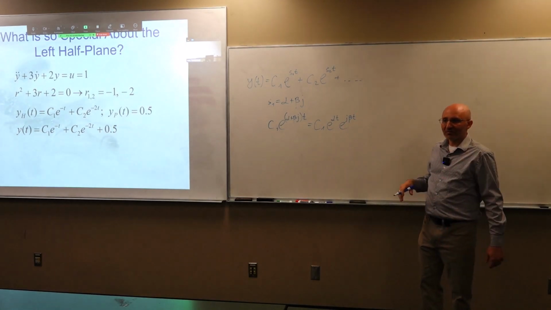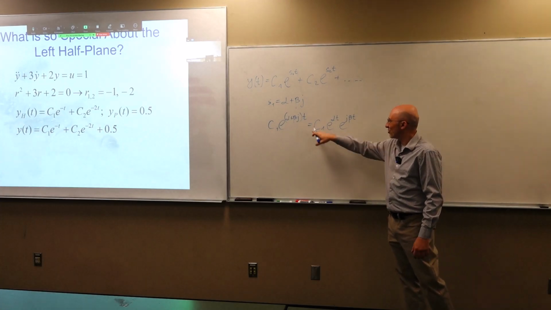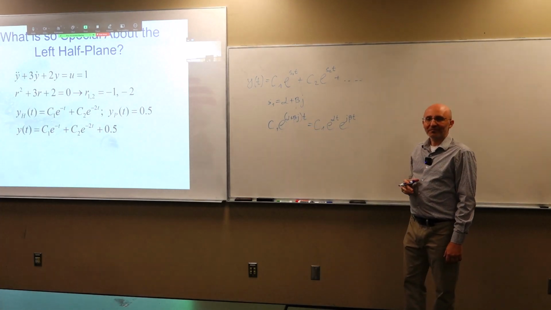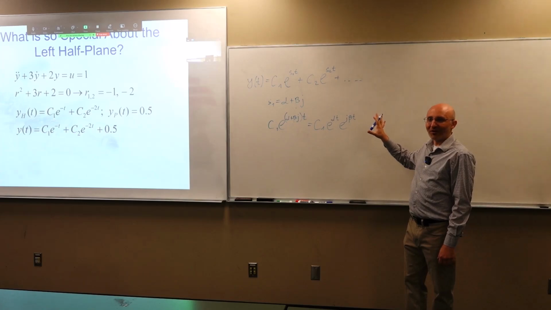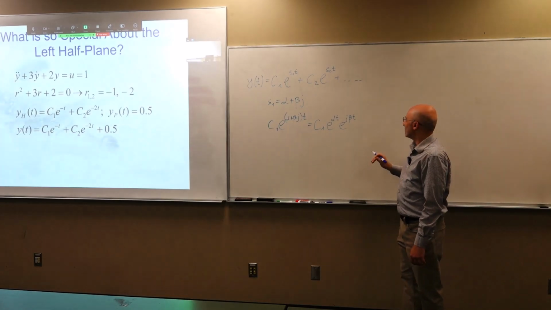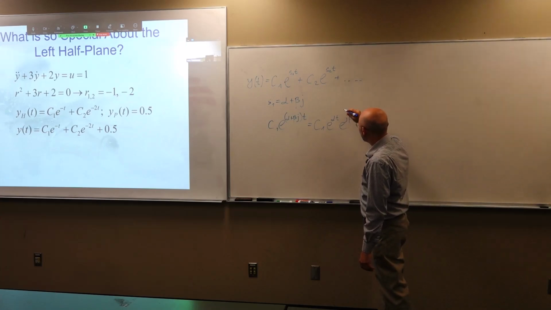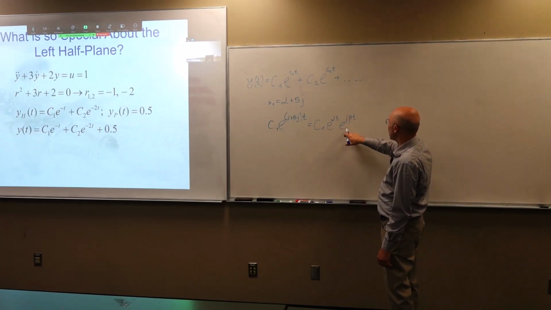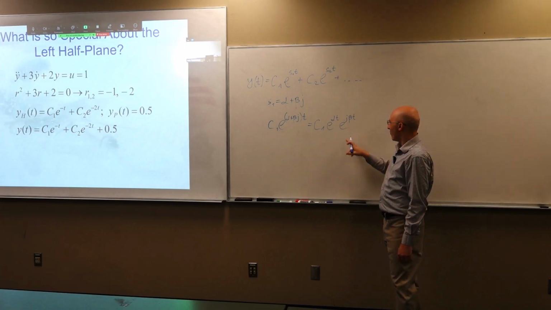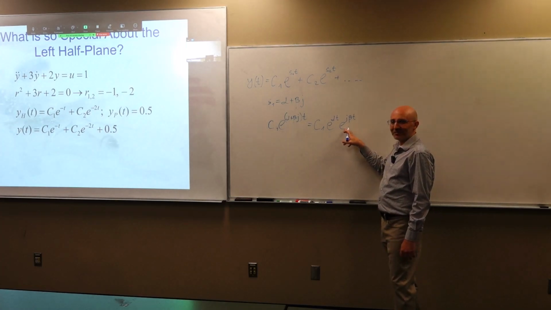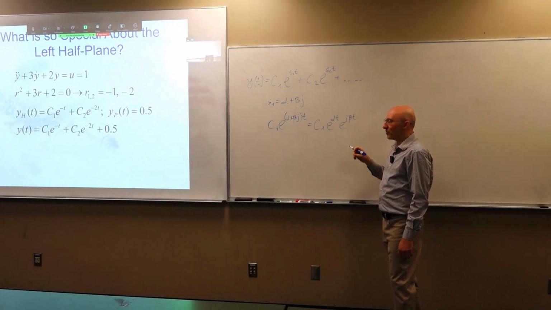Multiplication of two exponents is the exponent of the sum. Good so far? Okay. So this is the real part, and this is the imaginary part. Remember Euler's theorem on this one? This is cosine plus sine times j, right?